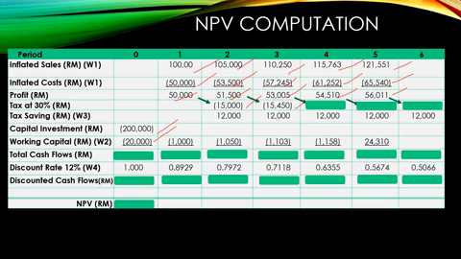That is 51,500 ringgit you multiply with 30%. In year 4, the amount of taxation will be 15,902 ringgit. In year 5, the amount is 16,353 ringgit. And in year 6, the amount will be 16,803 ringgit. The amount of tax saving will be 12,000 ringgit from year 2 until year 6.